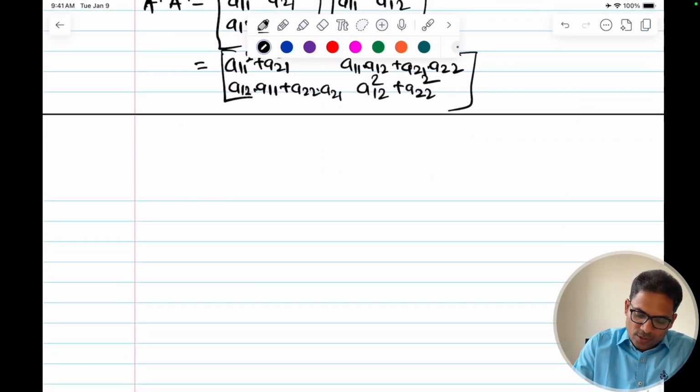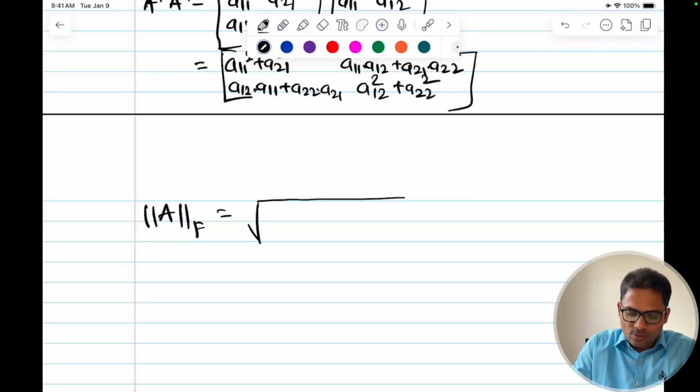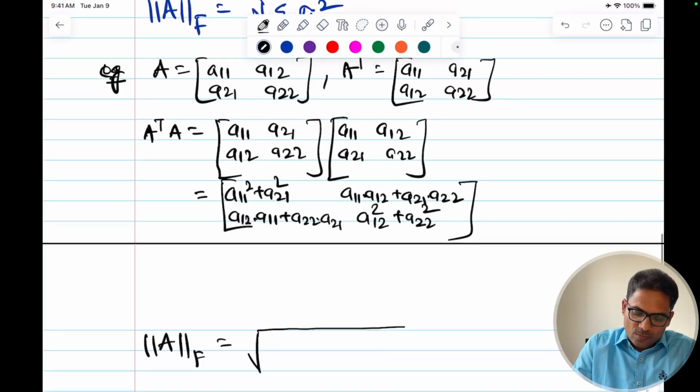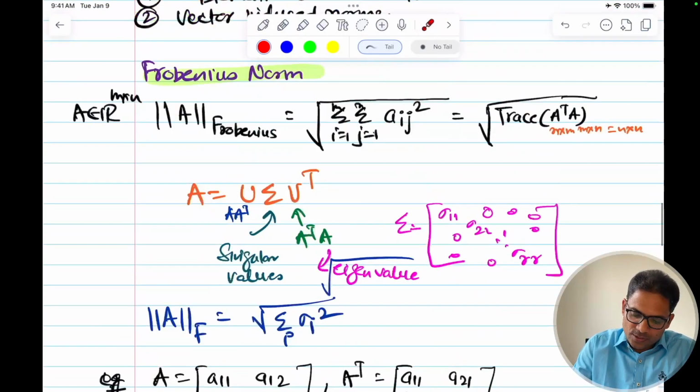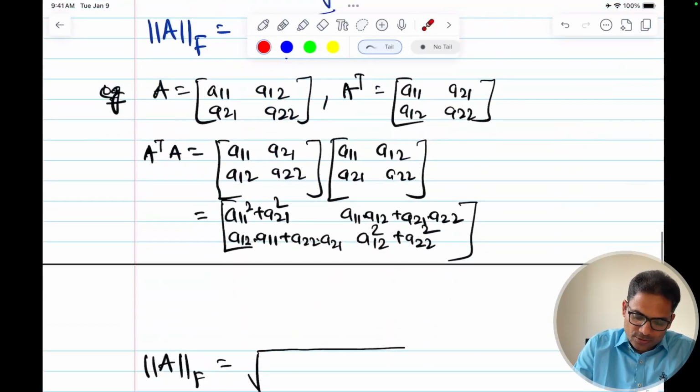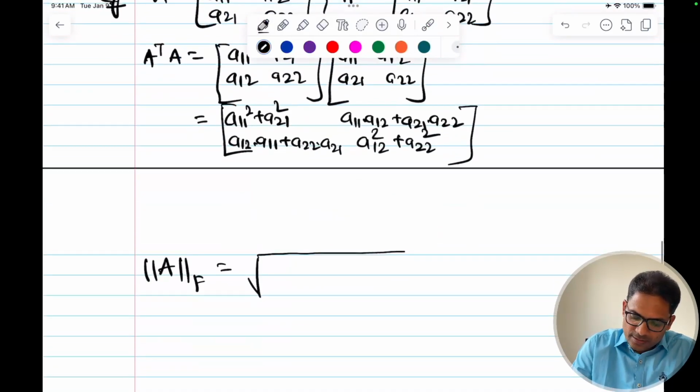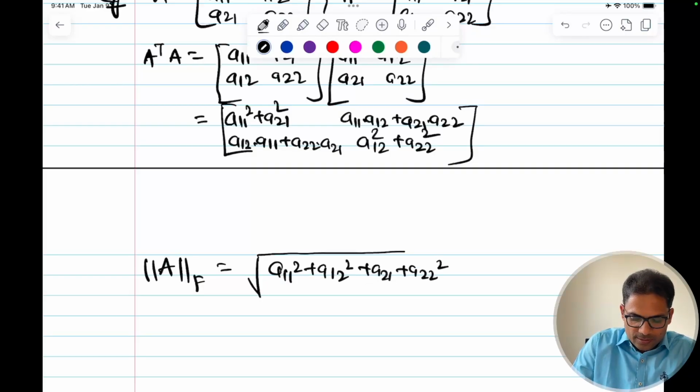And what is the Frobenius norm of A? This will be the square root of the sum of squares of all the elements, from i to j. So this is A11 square plus A12 square plus A21 square plus A22 square.